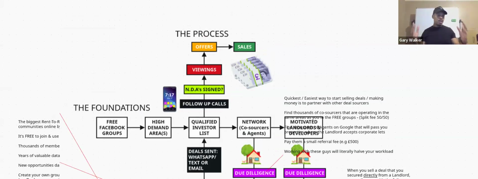Now, we are dealing with rent to rent specifically. You'll notice I haven't mentioned any other type of deals. Of course, as a deal sourcer, there's tons of deals you could sell. But in my experience, rent to rent is the only type of deal that you can complete within days. Literally. Every other type of deal you will try and do will take you months.